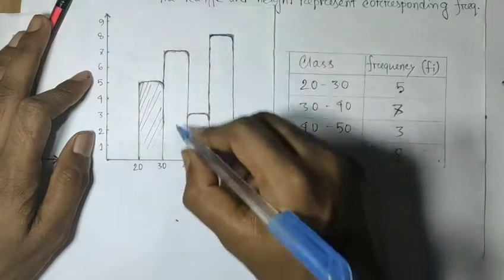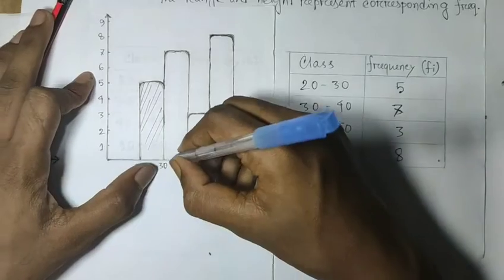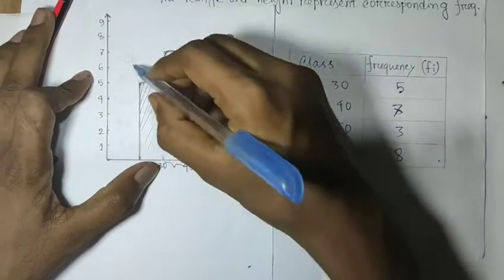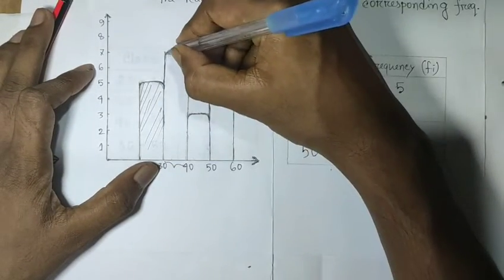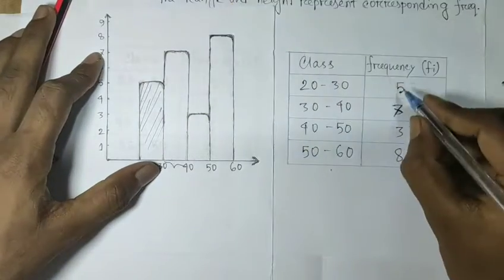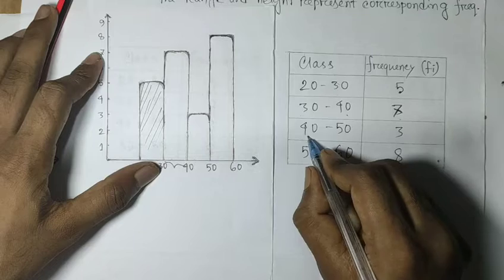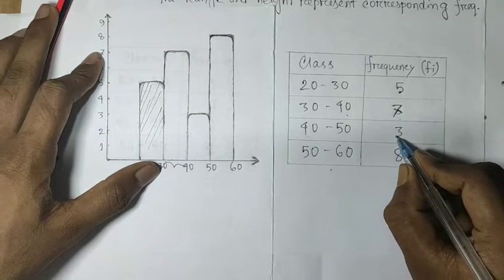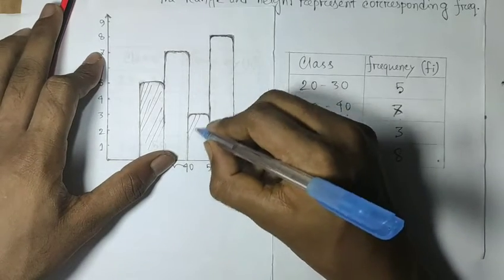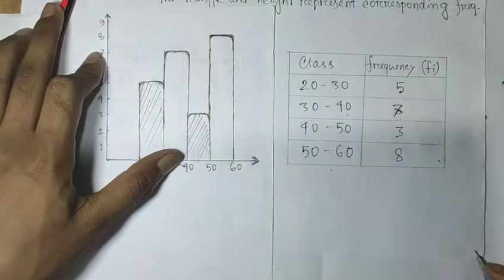And the second class, which is 30 to 40, the height of this bar is 7. That means the frequency of the second class is 7. The third class has frequency 3, and the height of the third class bar is also 3.